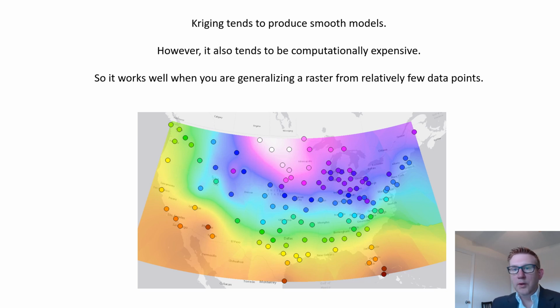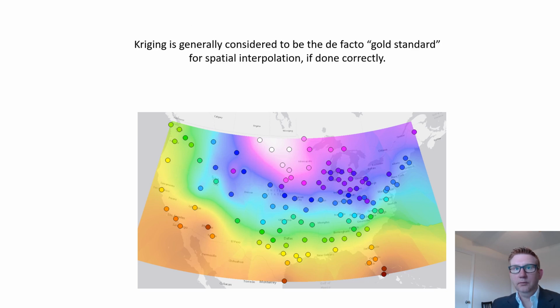So when would you use this? You'd use this when you're trying to generalize a raster from relatively few data points. And again, by relatively few, I mean hundreds or thousands. If you get into the millions, you're probably going to want to look at something else. Kriging, though, is generally considered the de facto gold standard for spatial interpolation if done correctly, and that's an important caveat.